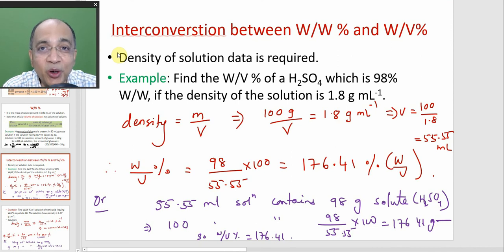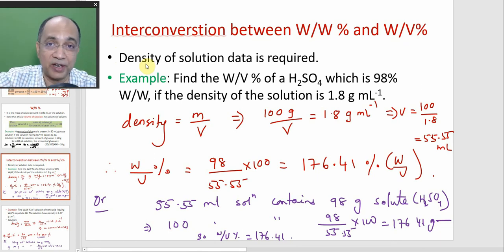If you know the density of the solution data, the density of the solution is required to convert W by W percent to W by V percent or vice versa.